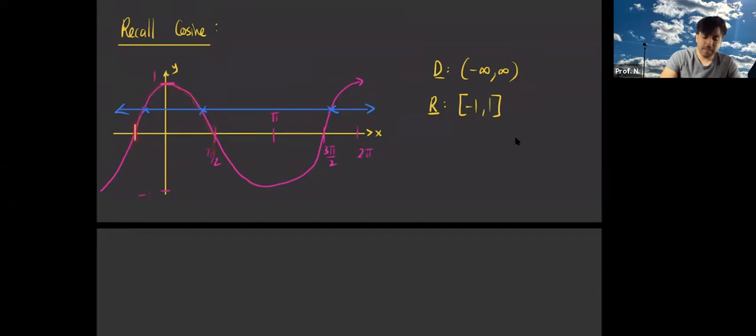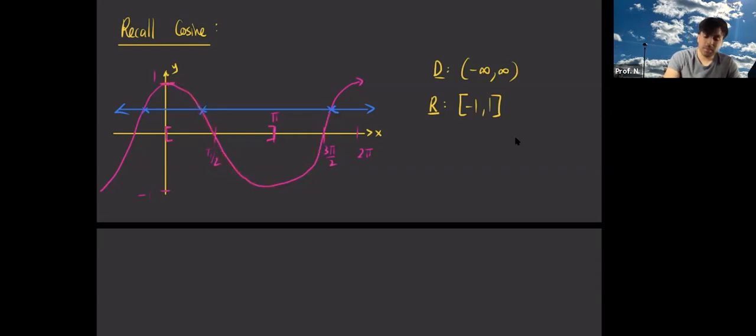So the negative pi over 2 to pi over 2 cut wouldn't work. But what would work? Would this cut work here? No, it also doesn't include negative 1 to 1. But if you cut it from here to here, you see? It includes all the range of the values.